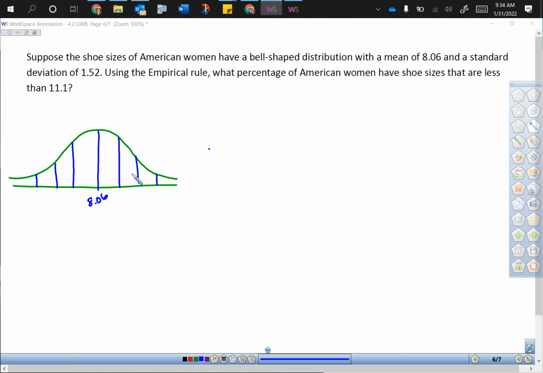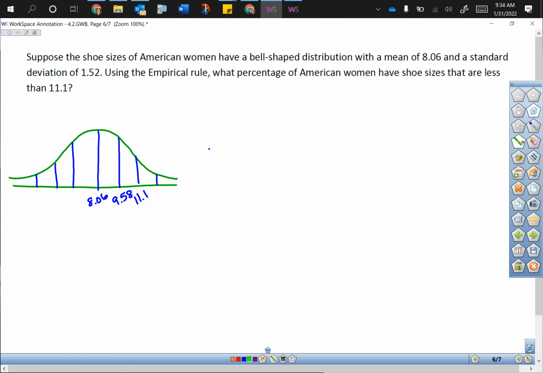No, just the ones that are above it. So what's one standard deviation higher than 8.06? 9.58. And then, is that 11.1 yet? No, so I'm going to go one more. What is 9.58 plus 1.52? That's 11.1. So that's where I'm looking. That's what I can stop at.